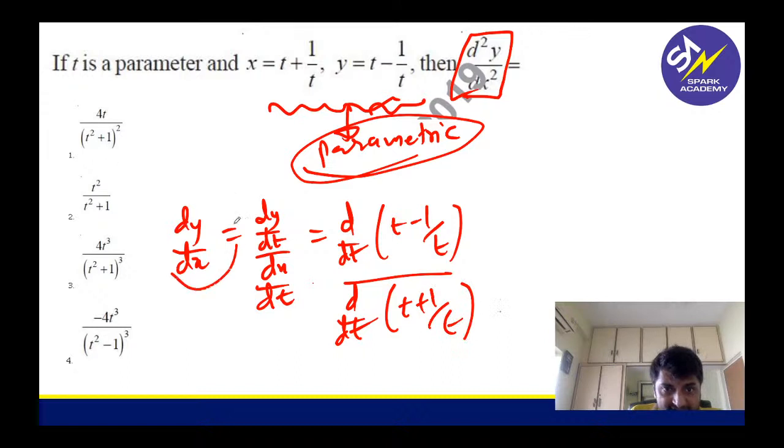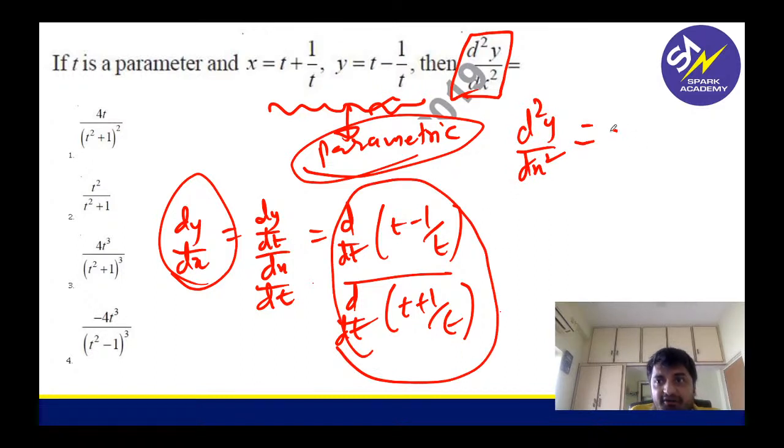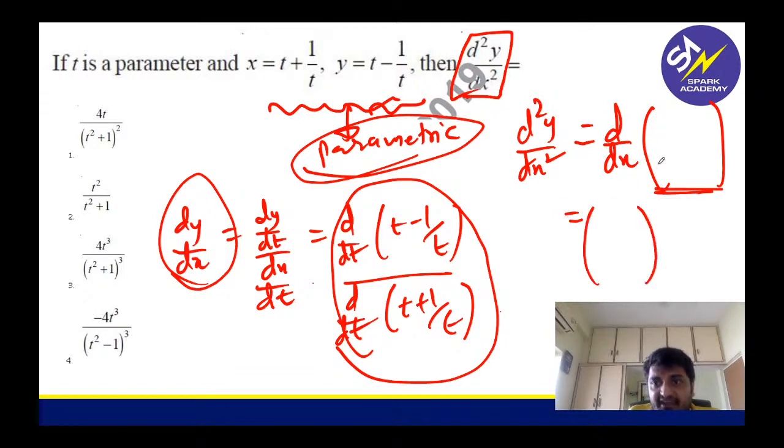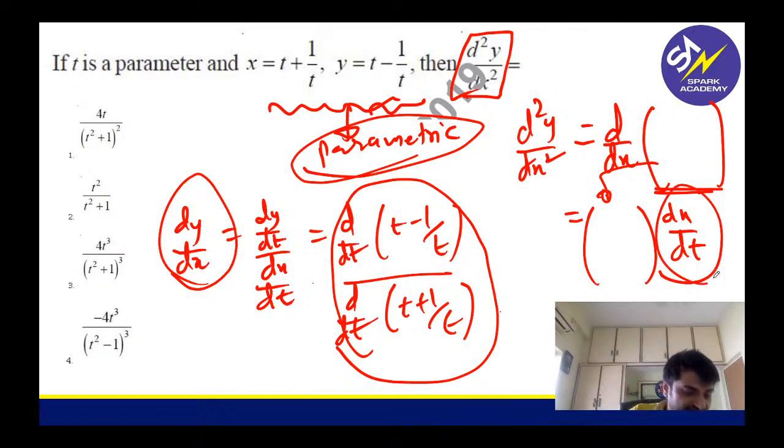Now if you want to find the second derivative, what will you get? Whatever we have done, you need to differentiate again with respect to x. So you have to differentiate this again and multiply by dt by dx, because you are differentiating again with respect to x. So all of you are experts in calculus now. This should be a very easy question for you. This should be a round 1 question.